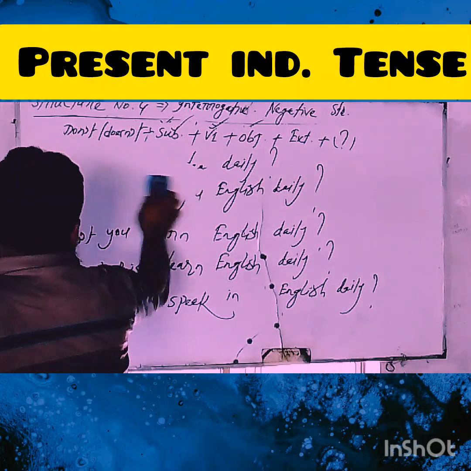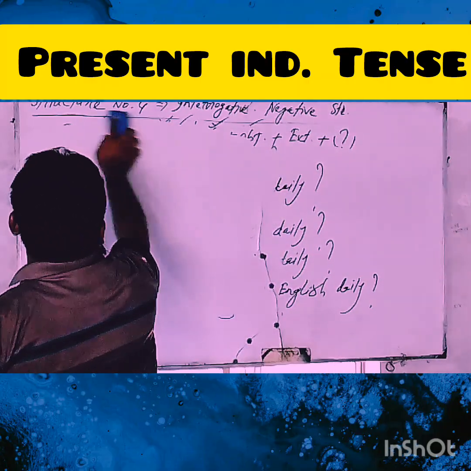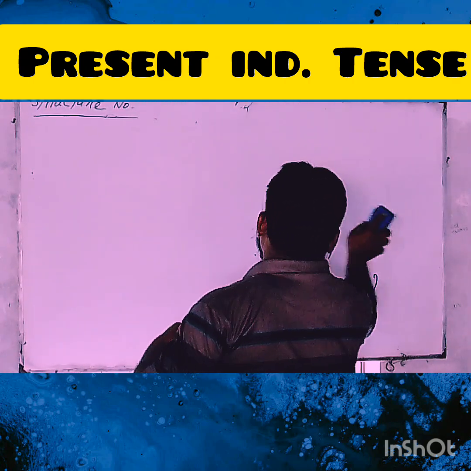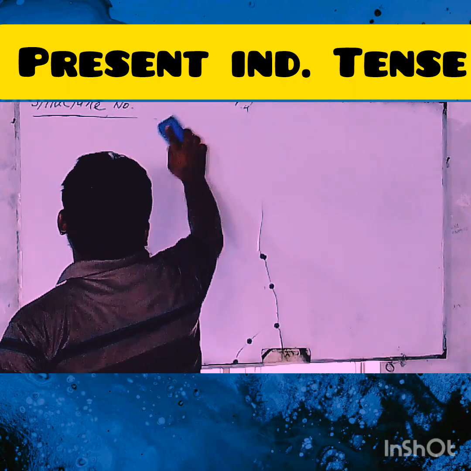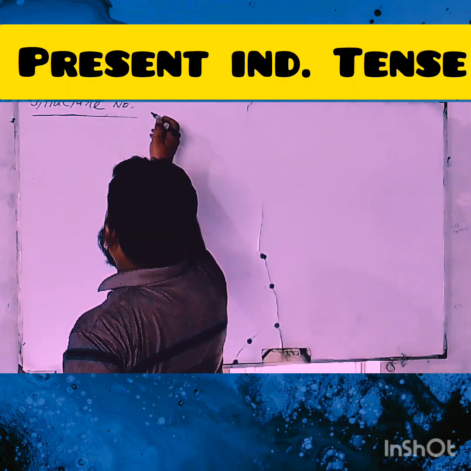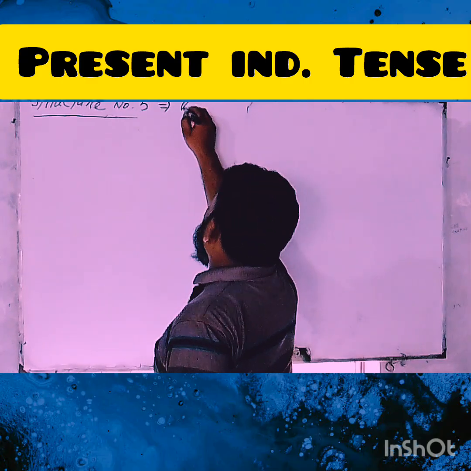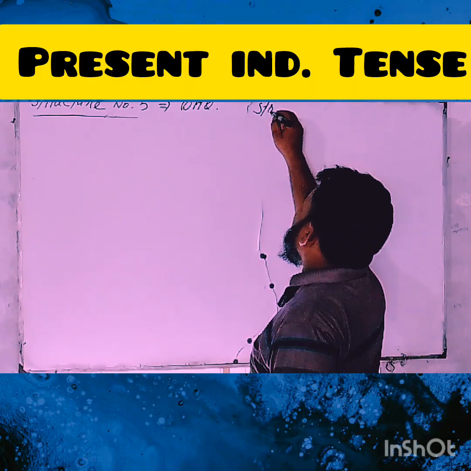My dear learners, already I have finished structure number four. Now I'm trying to write structure number five. You'll have to mind that structure number five is called WH question structure.